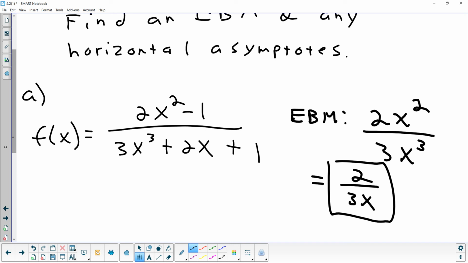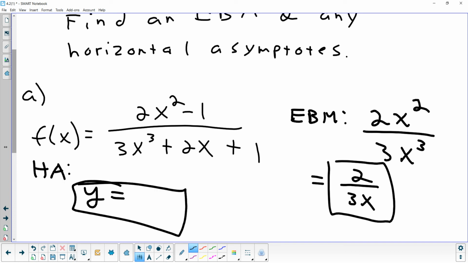How does the equation of a horizontal asymptote always start? Doesn't matter what the number is going to be after this, but it always starts a certain way, yeah? Y equals. Okay, so what happens to the EBM as x approaches infinity? What does the EBM approach?